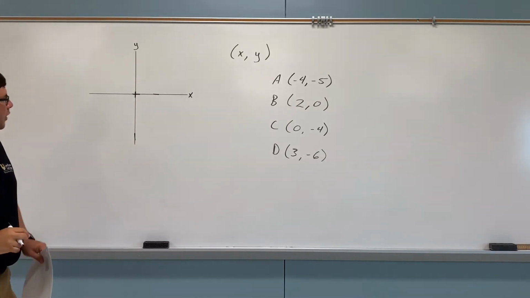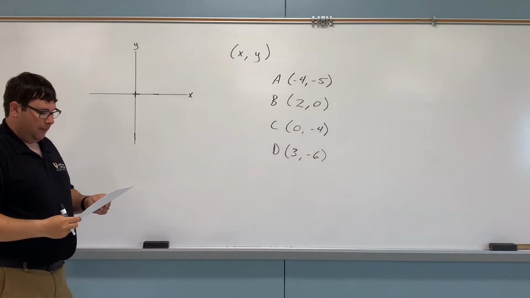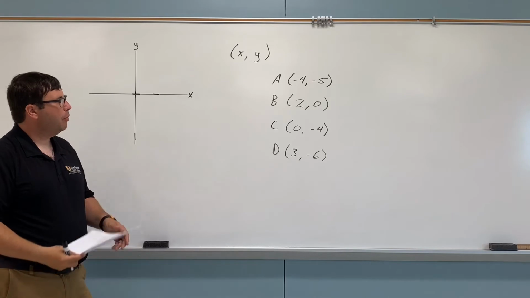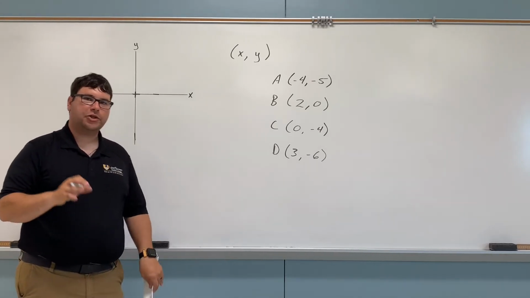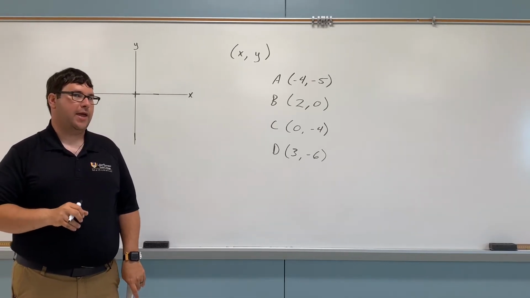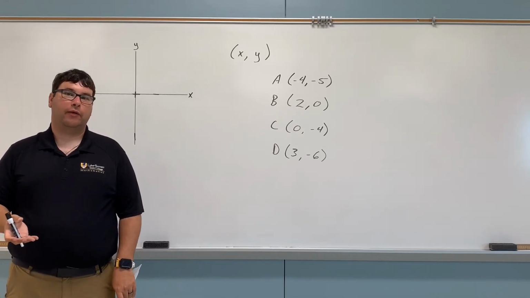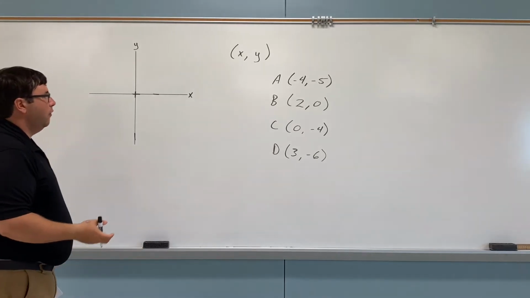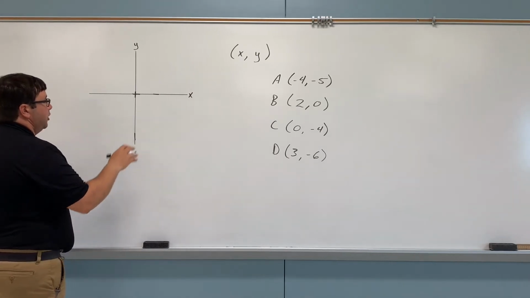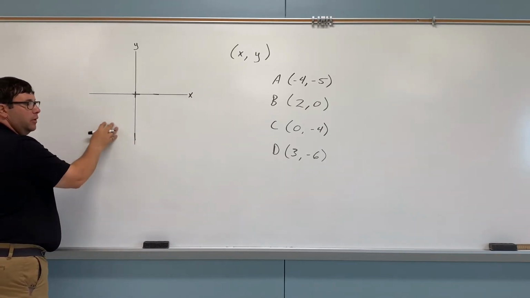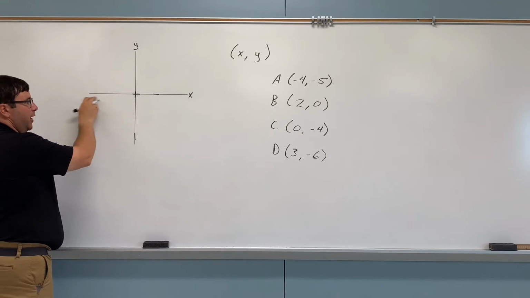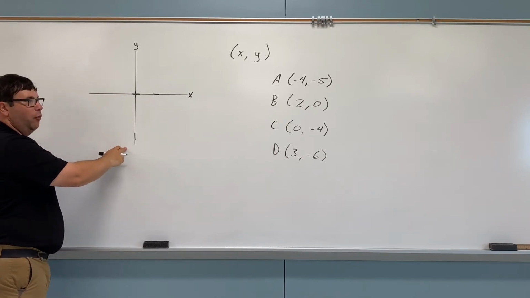Okay, very good. Now, if we're looking at point A, the question is, what quadrant is point A in? Notice that both x and y are negative. And so if you're looking at where point A should be, it should be here in quadrant 3, where you have both a negative x and a negative y.